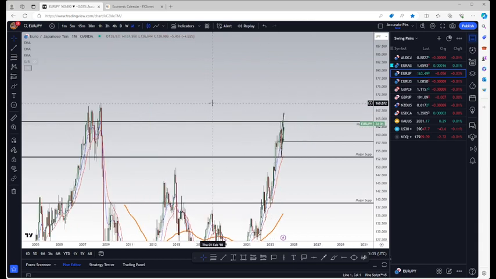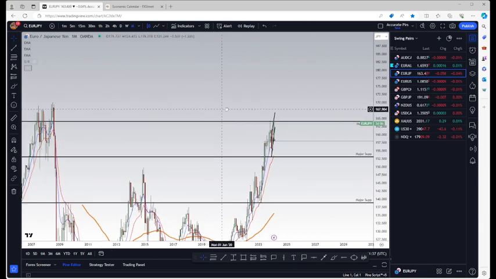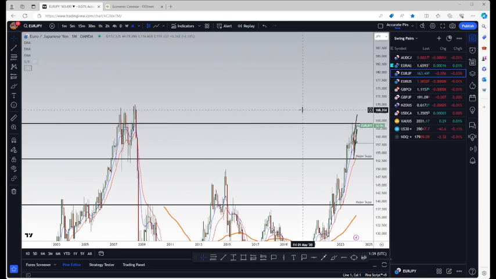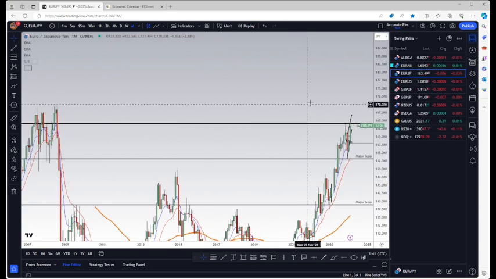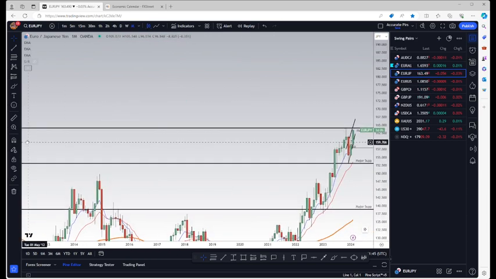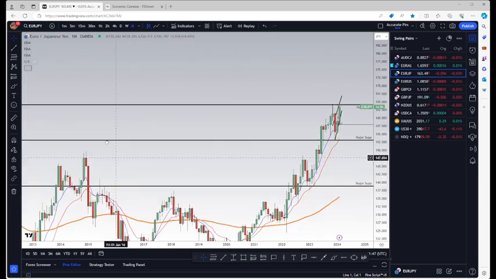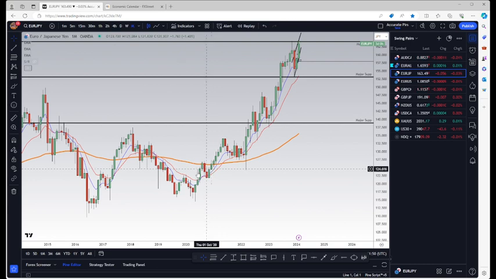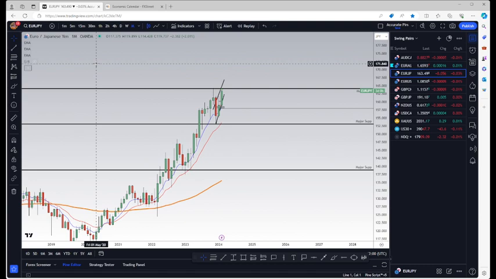Not far off, actually it's quite a few pips, almost 1,000 pips off from being at its all-time high again. Literally, this has been trading since 2000. Wow, April 2022. This has just been going up.